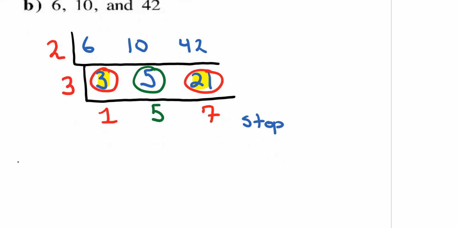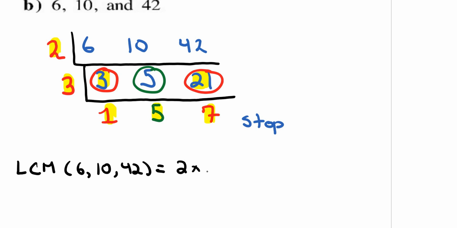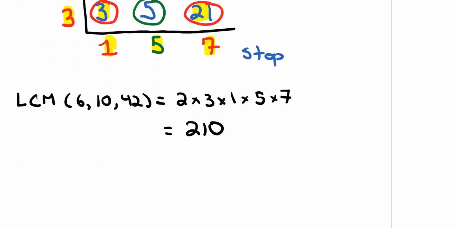And we can now see that the least common multiple between 6, 10, and 42 is going to be 2 times 3 times 1 times 5 times 7. Right, so if I multiply all that out, we should get 210. All right, so 210 is the least common multiple there.